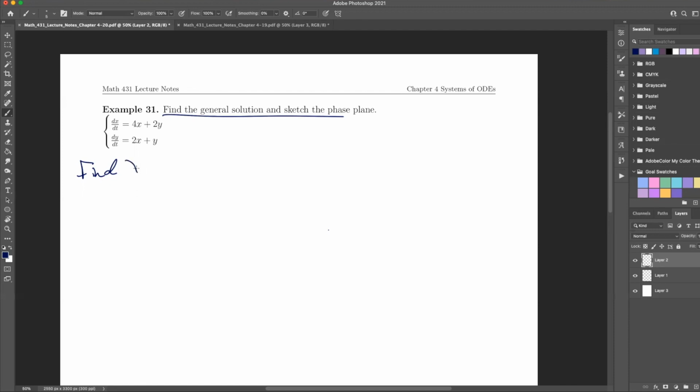And so here, we're going to find lambda. So this is 4 minus lambda, 2, 1, 1 minus lambda. Go ahead and crunch through it. I'll go ahead and show all the steps.